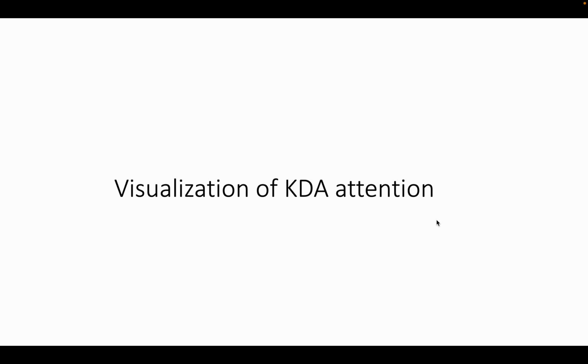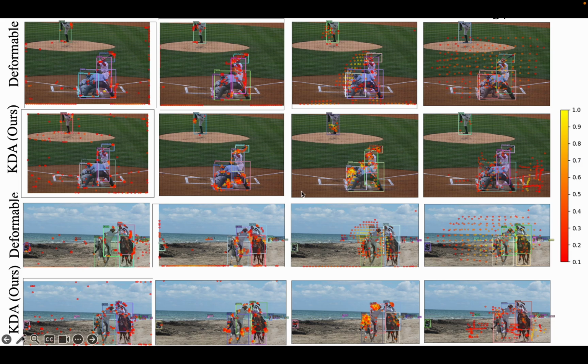For our proposed key-aware attention, we also visualize some results to compare with the original deformable attention. The first row is Deformable DETR, and the second row is KDA. We can see that the sampled locations are more focused on the important regions, especially in these high-resolution maps.